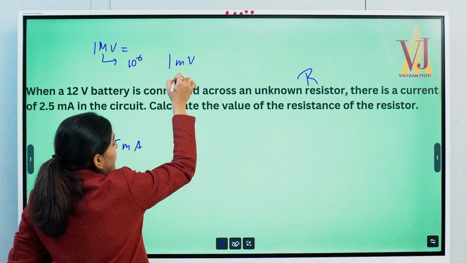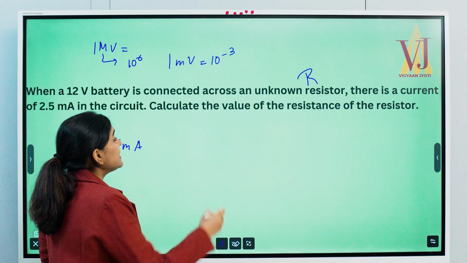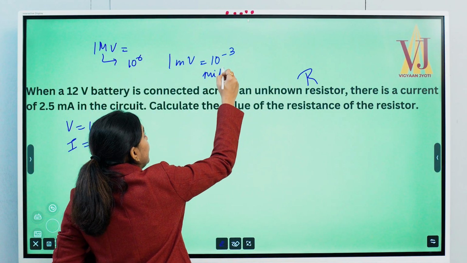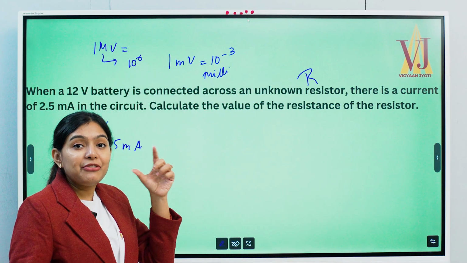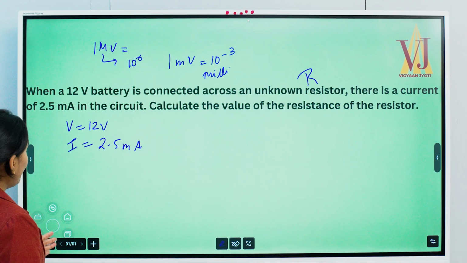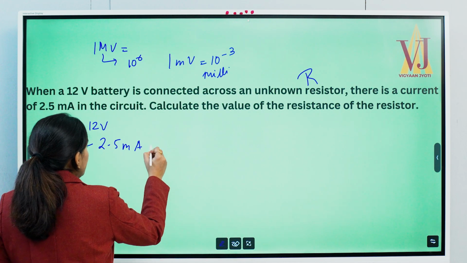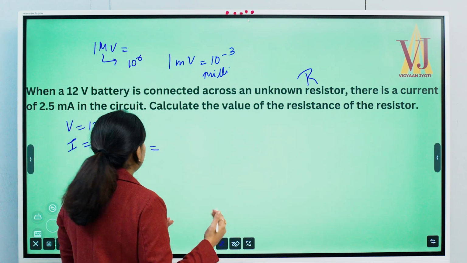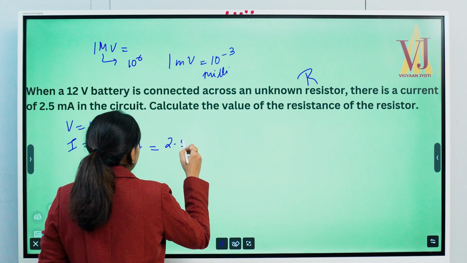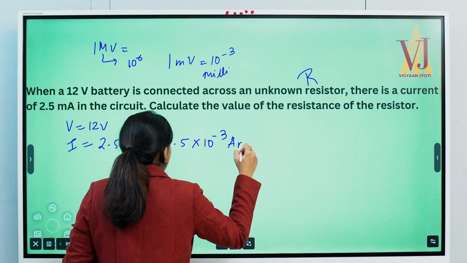When I'm writing small m, that means it is 10 to the power minus 3. That is millivolt. The prefix that we use in this case is milli. So voltage is 12 volt, and current is 2.5 milliampere. If I want to convert this into SI unit of current, it's 2.5 into 10 to the power minus 3 ampere.